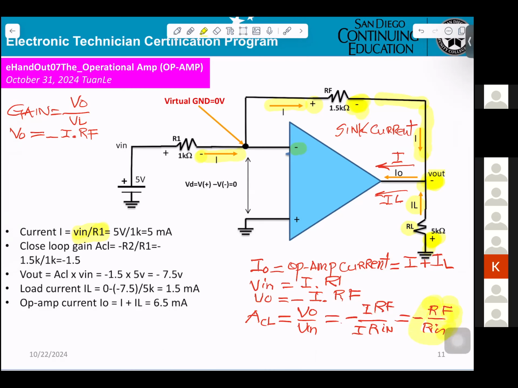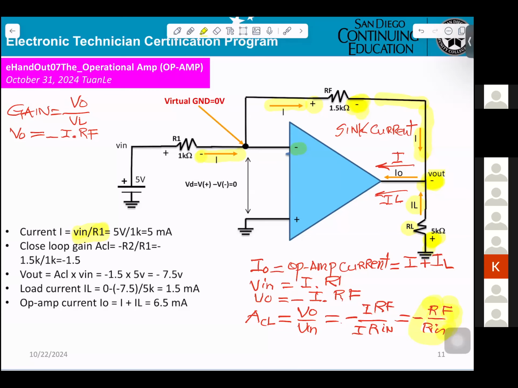So first, when you're looking at an operational amplifier circuit, in order to recognize an inverting amplifier, look at the input: it will be applied to the negative input of the op-amp.